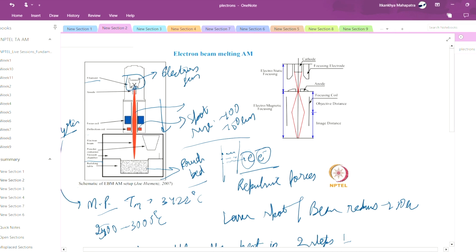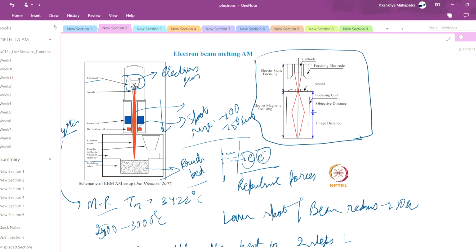Now next we will discuss this. Here this is the beam, the enlarged view of a ray. There is a question related to this also. The question is, what is the objective distance and image distance? Now, the distance between the anode and the radius.